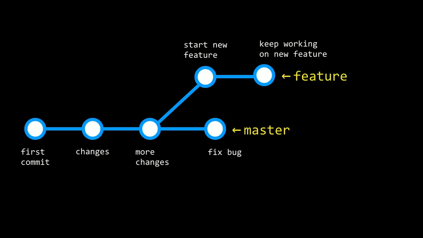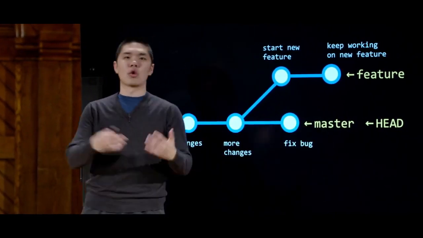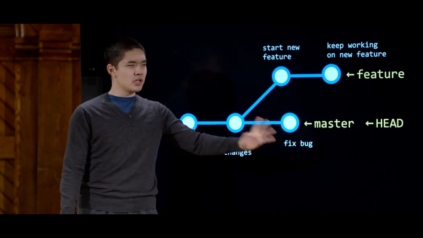And as you're working on newer things, newer additional features, you might have some feature branch where you're working on some other feature, for example. At any given time, though, your focus is only on one of these two branches. And where your focus is, what the current state of your repository is, is designated by something we call the head. So if head is pointing to master, that means your repository right now is working on this branch where you fixed the bug.